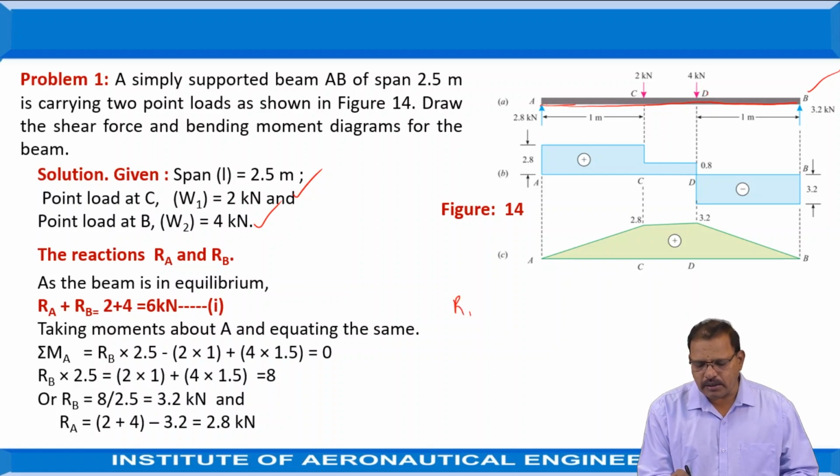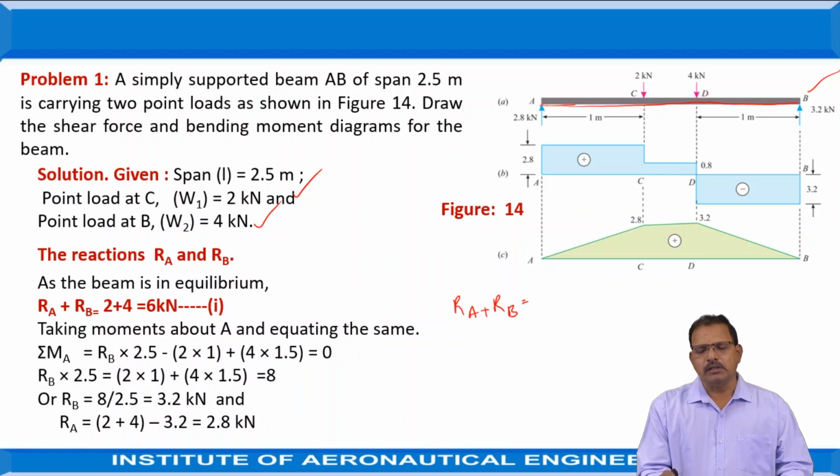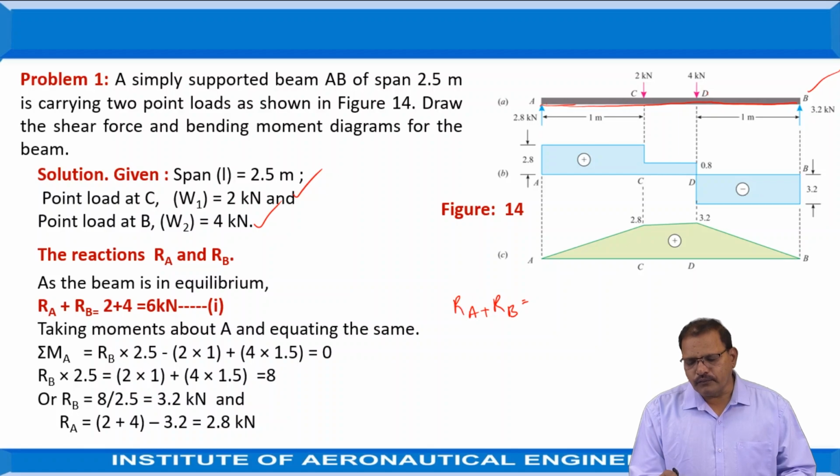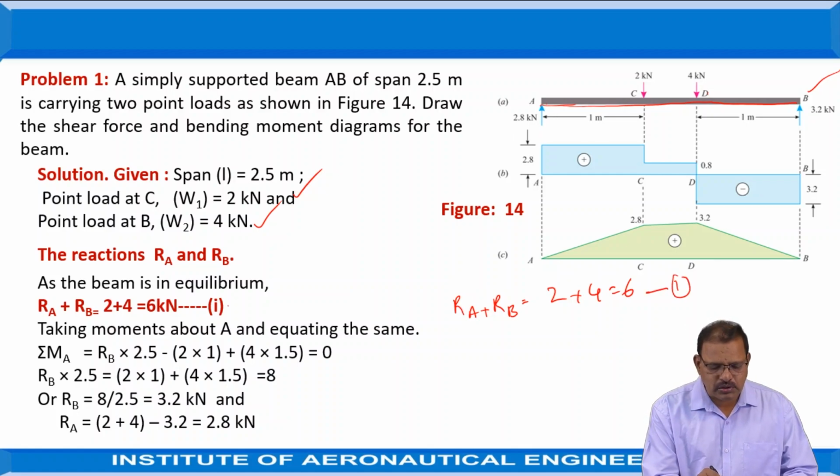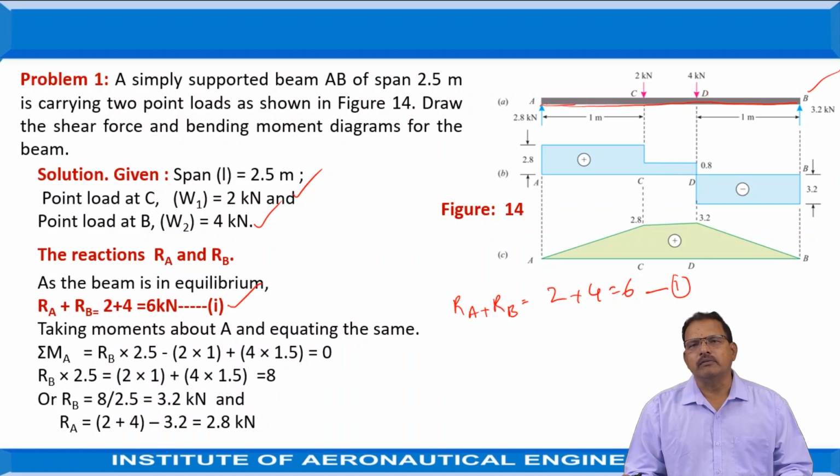Here RA and RB are acting in the upward direction. It should be equal to the sum of the downward forces, that is 2 plus 4, which is equal to 6. This is equation number 1.